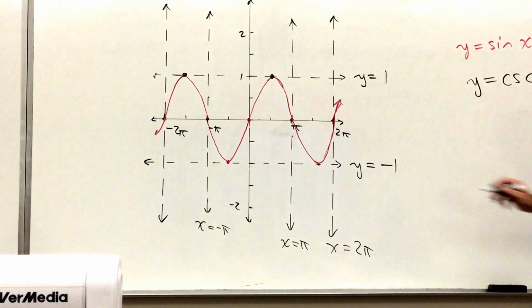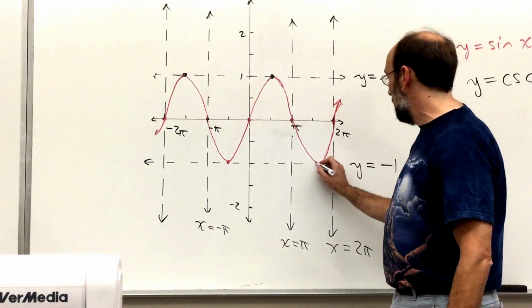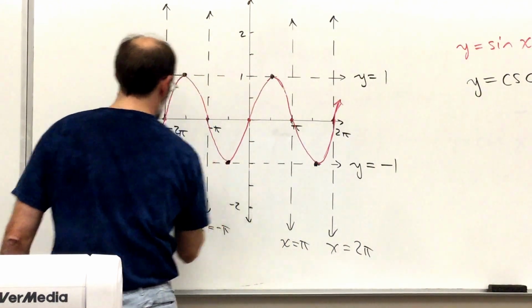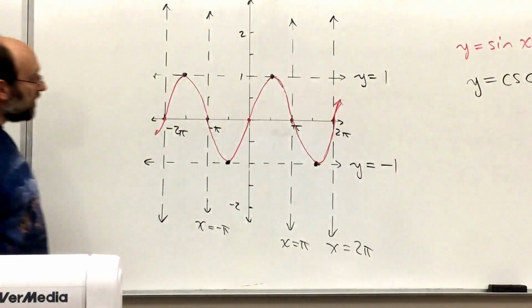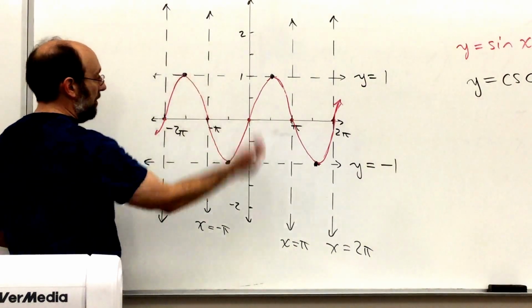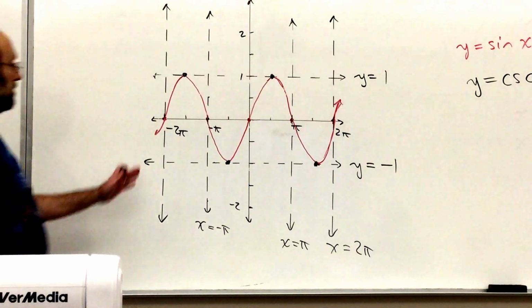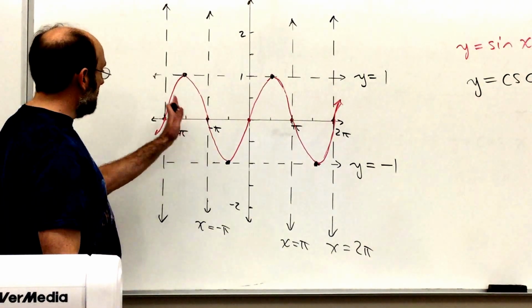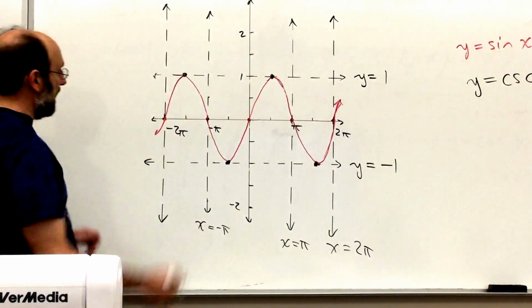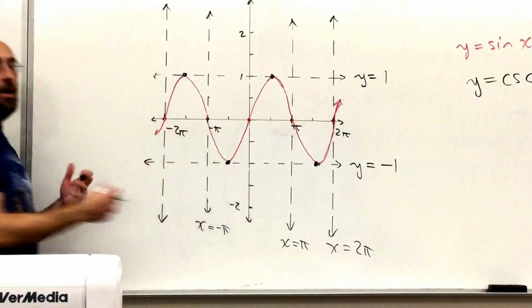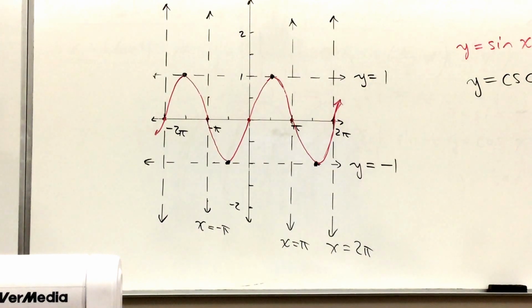So I'm going to put -1s for cosecant values wherever my sine function also equals -1. Okay? So at this point, -3 pi over 2, 1, negative pi over 2, -1. Those points are all shared between the cosecant function and the sine function.